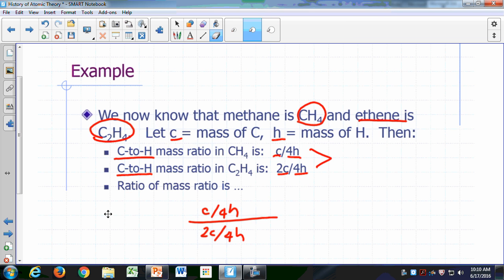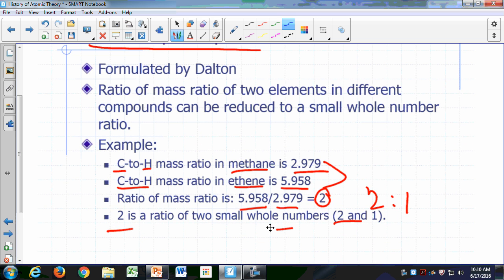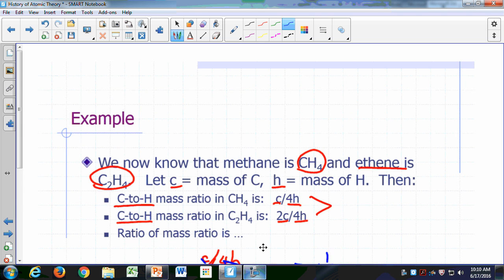The 4h cancels, and c cancels. You get 1/2, a ratio of two small whole numbers, which is what we got earlier. We got a 2:1 ratio if we did ethene to methane, so if you do methane to ethene, that becomes a 1:2 ratio instead of 2:1.